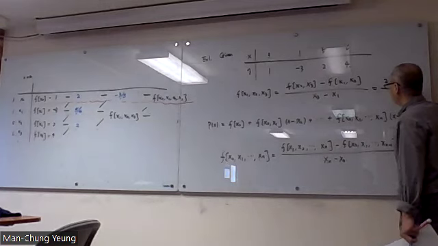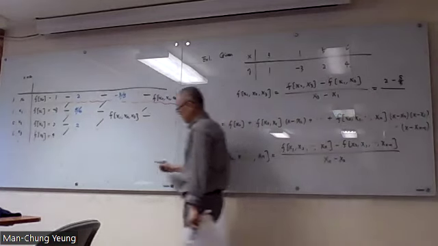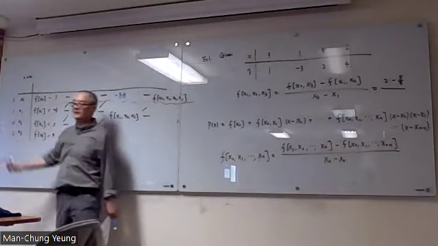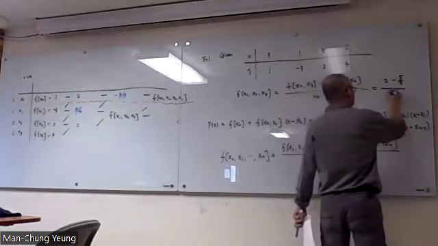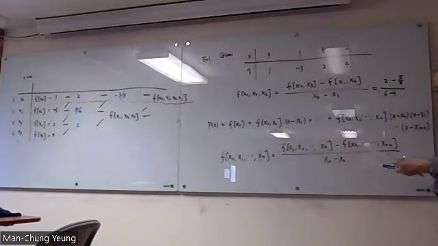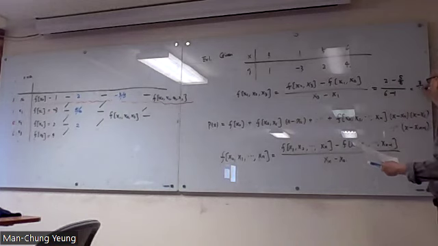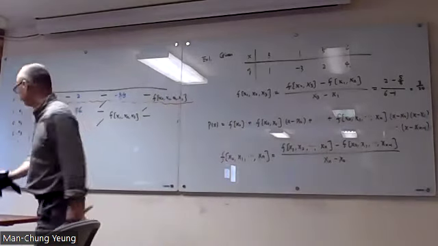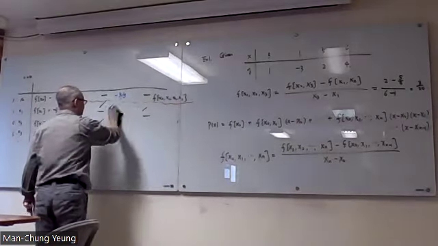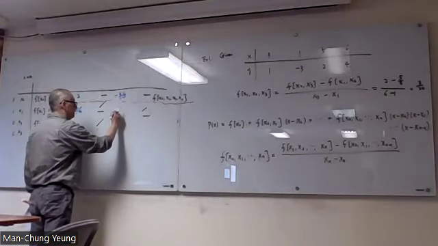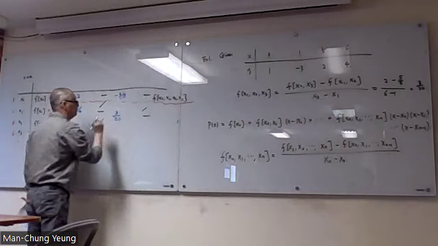Then over x3, 6, minus x1, 1. So with the calculator, 3/20. This is 3/20.